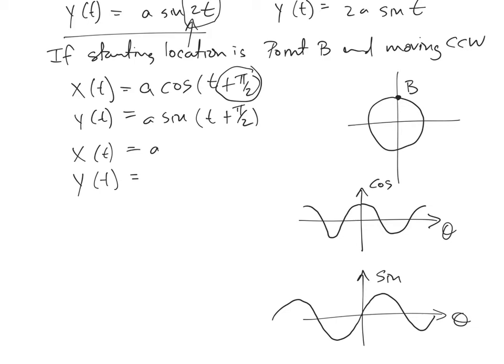What do I get? If I take this cos curve and I push it pi by 2, what do I get? I get a different color. Let's use a different color. Would I not get this?